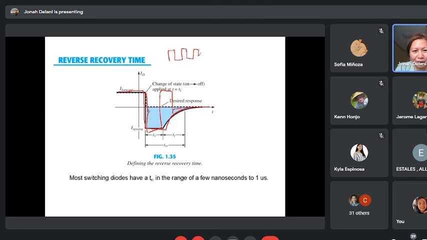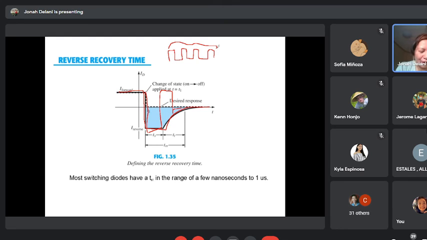The diode will struggle to adjust, if you make it too fast, right? In digital, it's just on and off, 1 and 0, and you make 1 and 0 too fast.